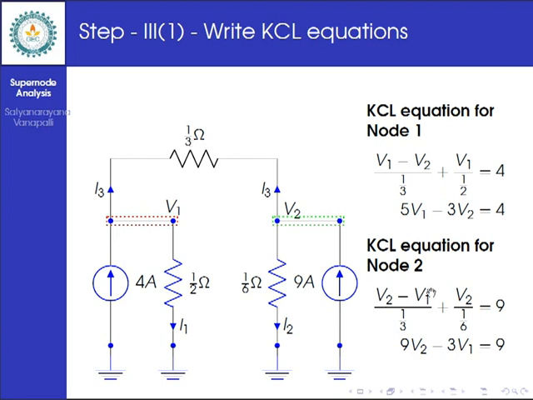So V2 minus V1 by 1 by 3 plus V2 by 1 by 6 is equal to 9. After simplification, this is equal to 9V2 minus 3V1 is equal to 9.